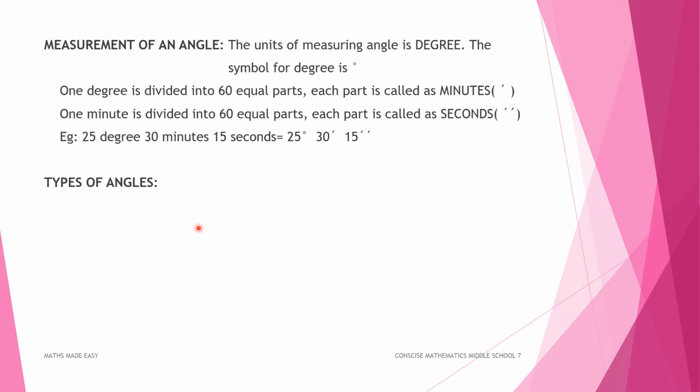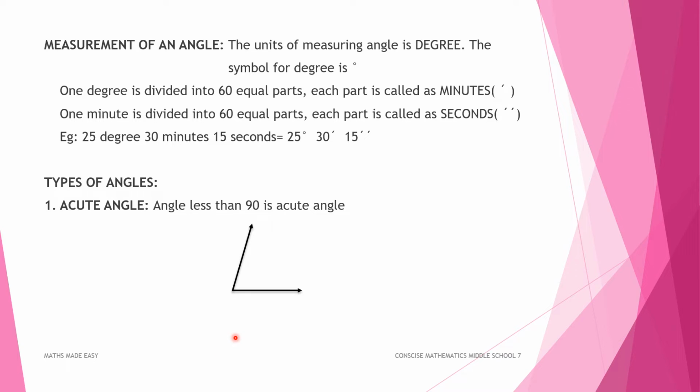Right, so the first type of angle is the acute angle. An acute angle is nothing but an angle that is less than 90 degree. If the angle is less than 90, then it is an acute angle. Let's take an example with a diagram.